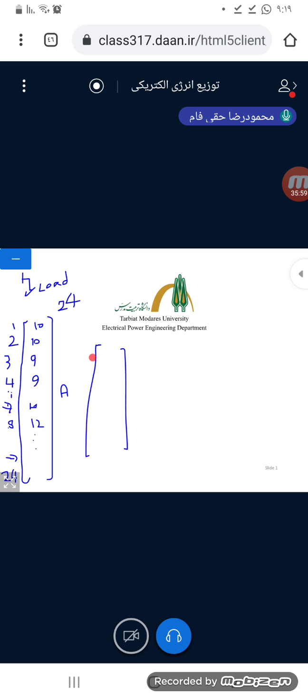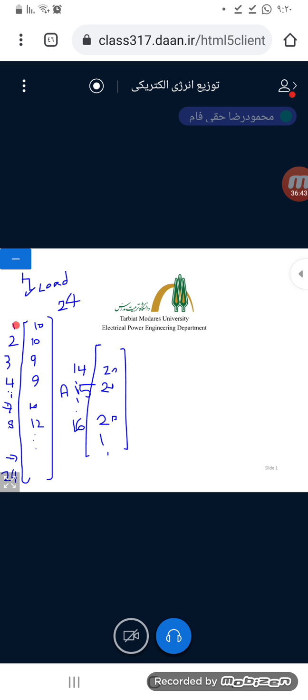For example, from hour 14 to hour 16 the weather is hot and the load reaches 20, then 20, then 15, then 12, and decreases after that. Do you understand? This is the load hour by hour in current for the load.